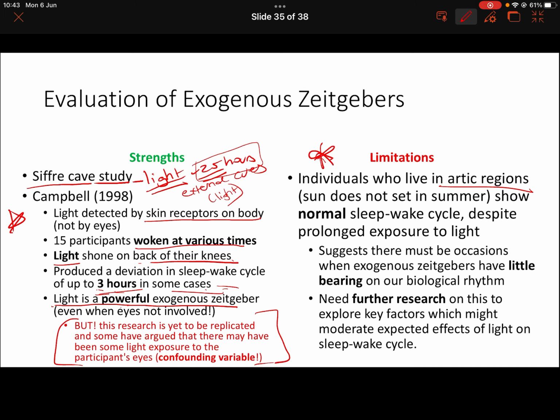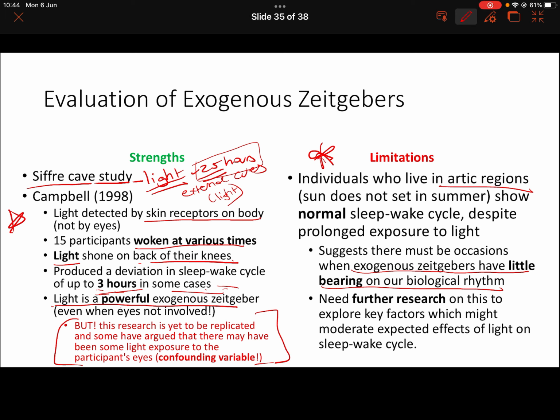So this suggests that perhaps the sleep-wake cycle is primarily controlled by endogenous pacemakers, and that these endogenous systems can override the environmental changes in light. So perhaps exogenous Zeitgebers have little bearing on our biological rhythm, or exogenous Zeitgebers have differing effects in different environments.